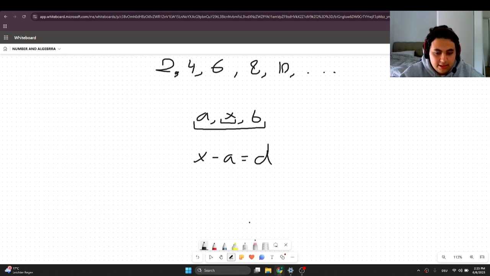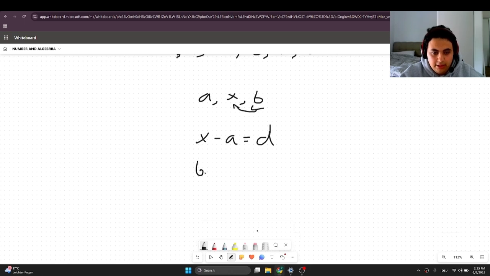Same thing applies for this term and that term. If you subtract x from b, you will get the common difference. So if you take a term minus the term before it, then you will get the common difference. That's the first thing that we needed to deduce.